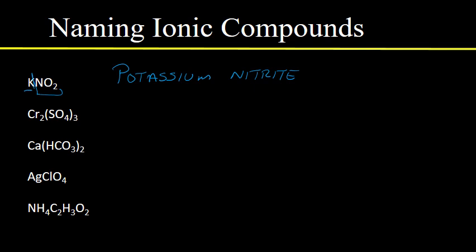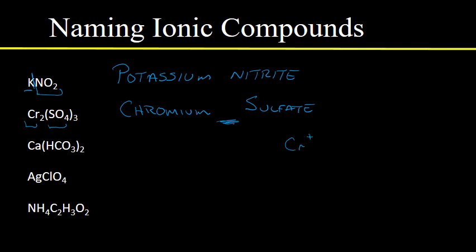And the next one, we've got chromium for our cation and sulfate for our anion. So our name would be chromium sulfate. Okay. But chromium is a transition metal, so we need to include the charge here. So I'll make a little table.